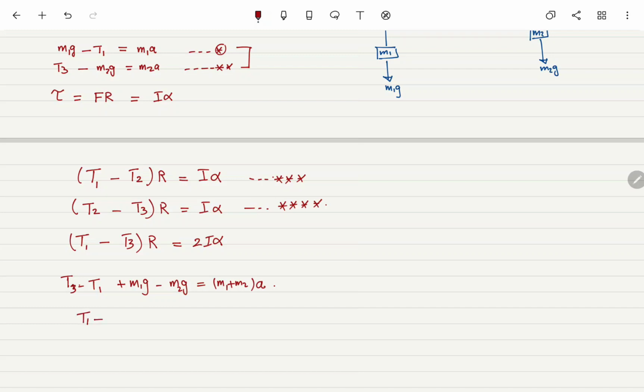T1 minus T3 equal to M1 minus M2 times G minus M1 plus M2 times G.